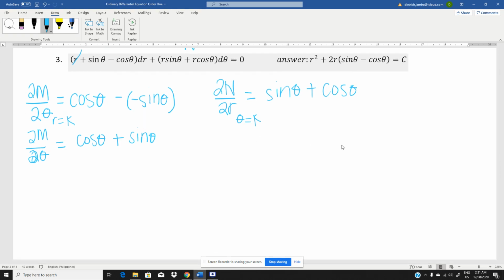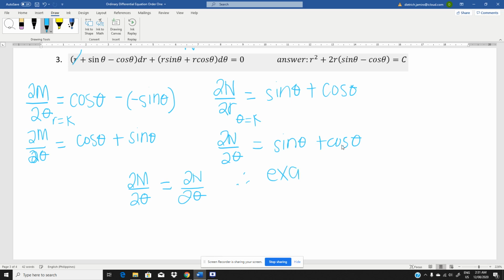Further simplifying, the partial derivative of N with respect to r is equal to sine theta plus cosine theta. As you can see, our partial derivatives are equal. Therefore, we conclude that this is an exact equation.